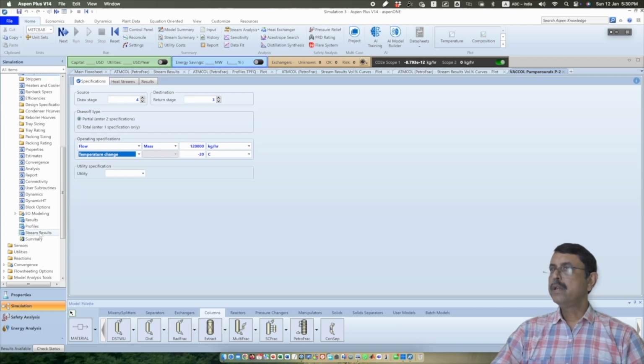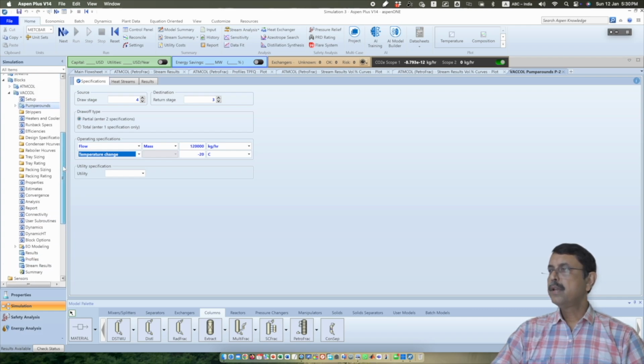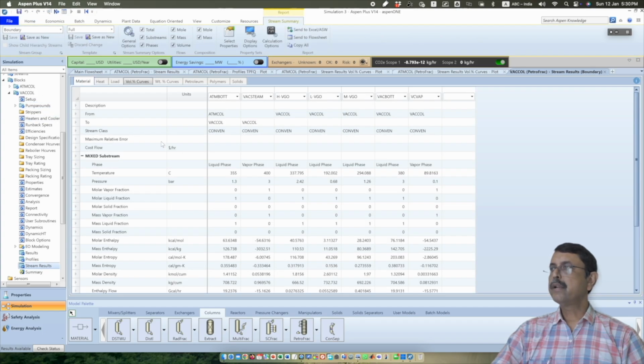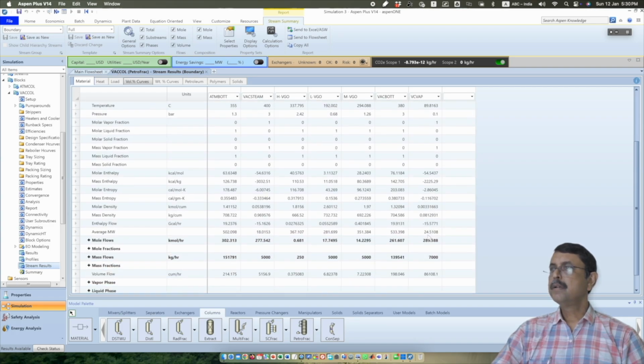And we got the result. So let us see the stream results only for the vacuum column. So we are not interested to know about the atmospheric column. We have already seen all of them. So let us close these ones. Okay, so these are the information of the vacuum column.